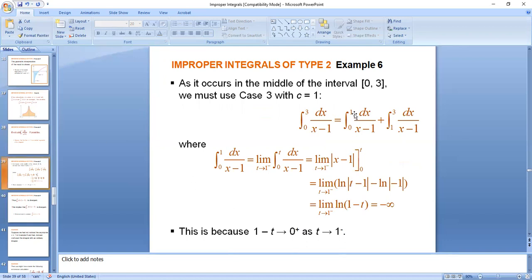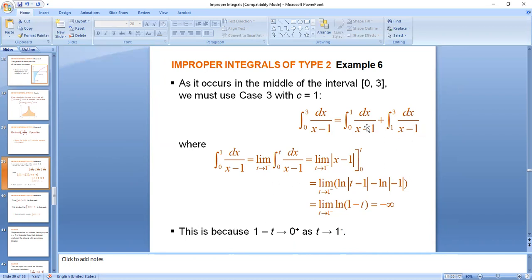As you could see here, it is now the upper limit of the first and the lower limit of the second, and that's the C. This is actually taken from the property that the integral from A to B is equal to the sum of two integrals evaluated from A to C and from C to B. So you have the same upper and lower limits for your two integrals here. Then you just go on evaluating the limits.